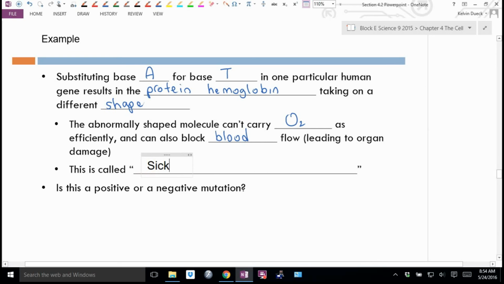We call this sickle cell anemia. Is this one a positive or a negative mutation? Very negative. I have some pictures here.